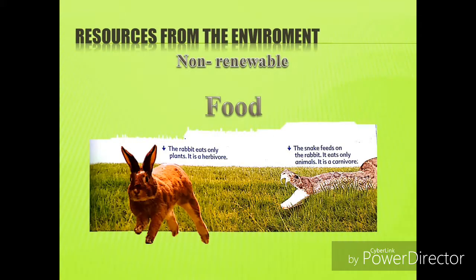The first is the herbivores, which are animals that feed on plants. The second are the carnivores, which feed on meat, and the last one are the omnivores, which not only eat meat but also plants.